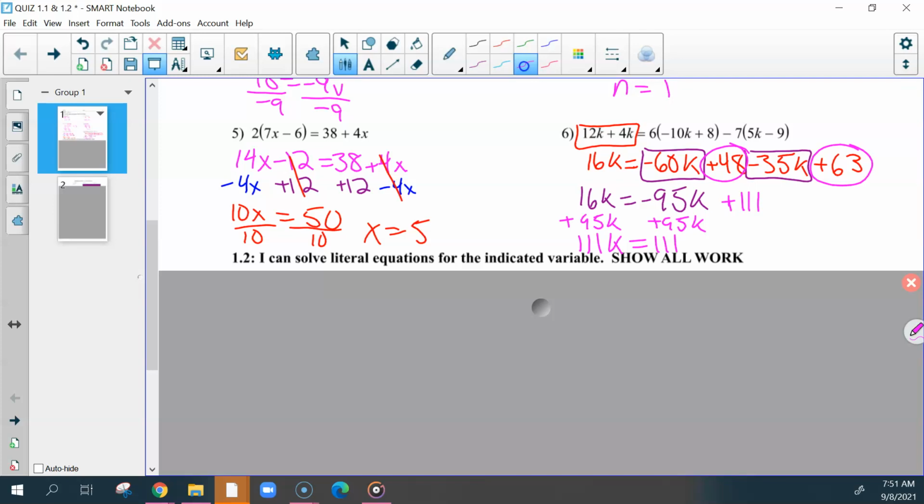So when you divided both sides by 111, I ran out of space, you got K equals 1. Do you have any questions on that?